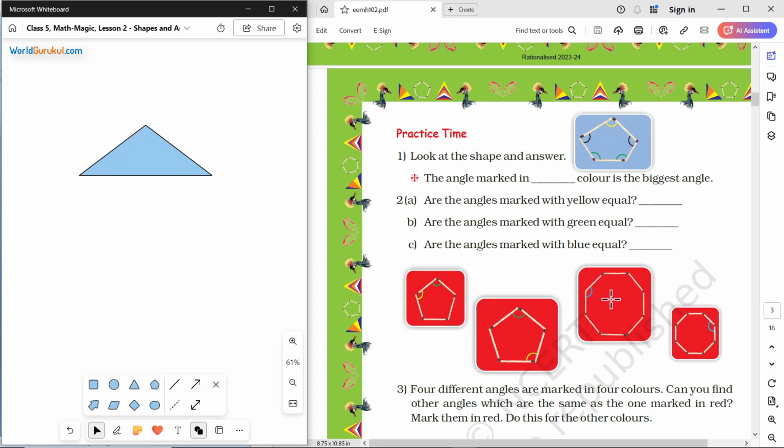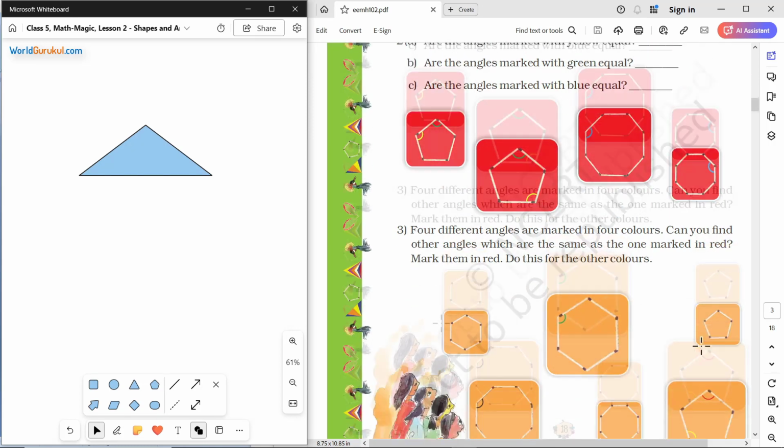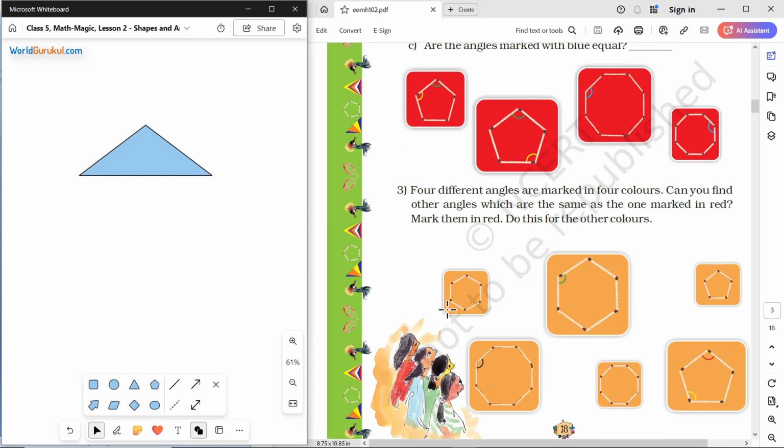How many angles are there? Eight sides, so you will have eight angles. And the blue angle here on the left and the blue here on the right in the small octagon will definitely be equal, right? So here we are learning about the shapes and the angles.